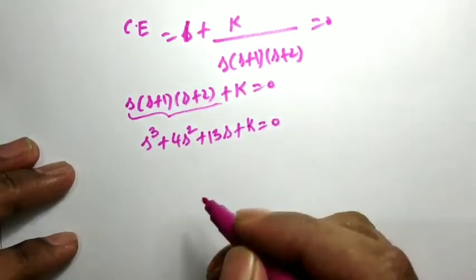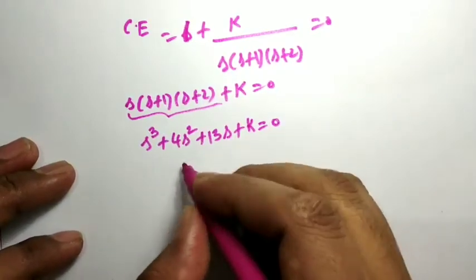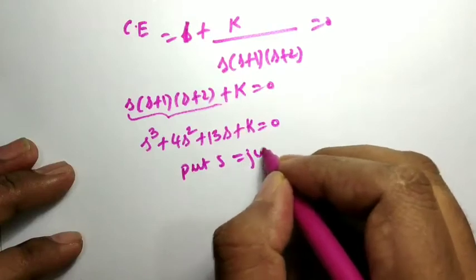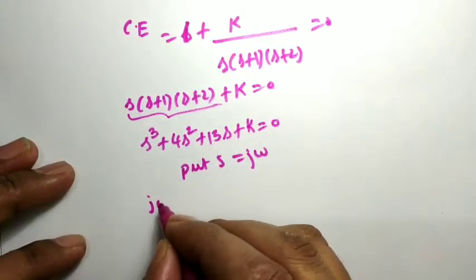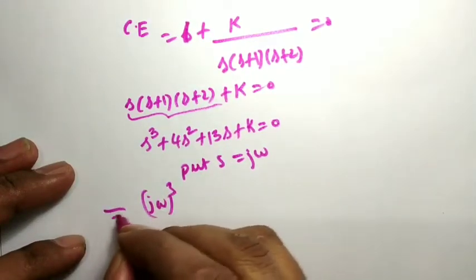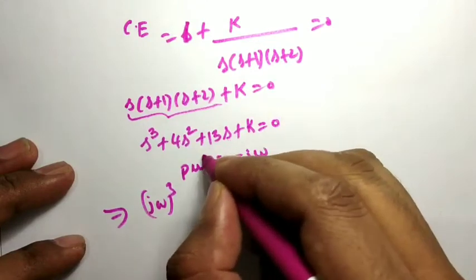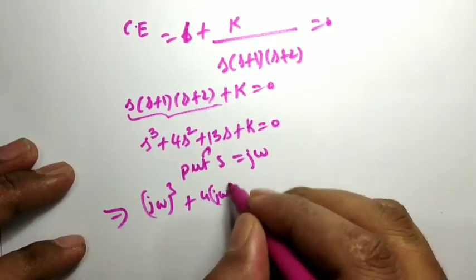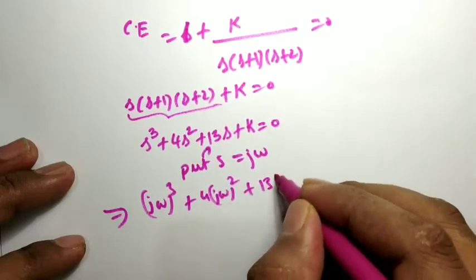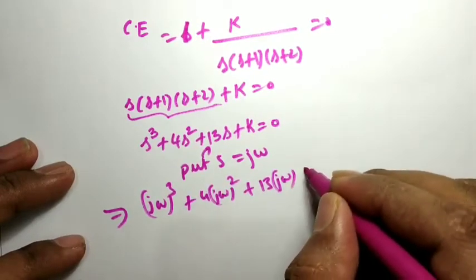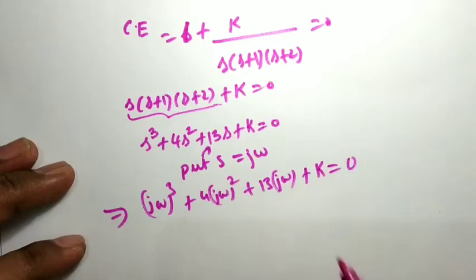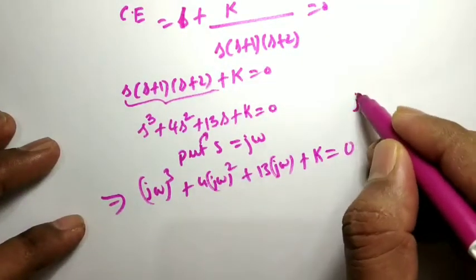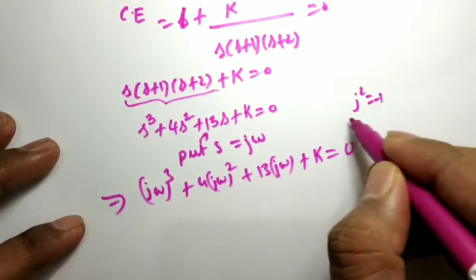So what you have to do, you put s is equal to j omega in this equation, and you put j omega cubed. You know j square is equal to minus 1.